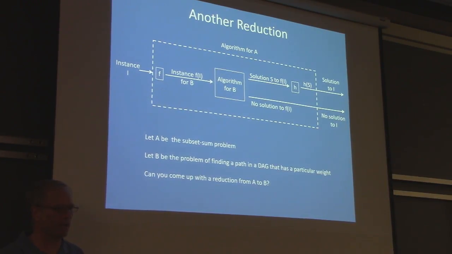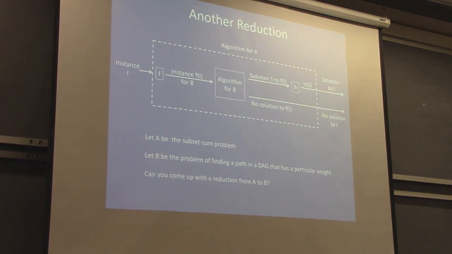I need an F and an H. Talk to the people around you. See if you can, I mean, how would you do it? We're trying to do the subset somehow.